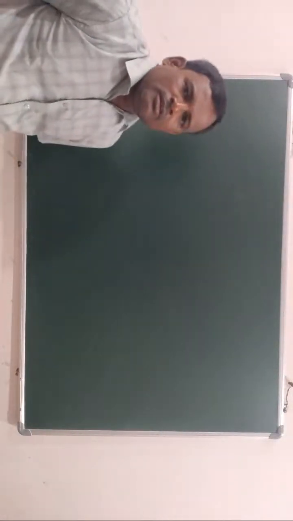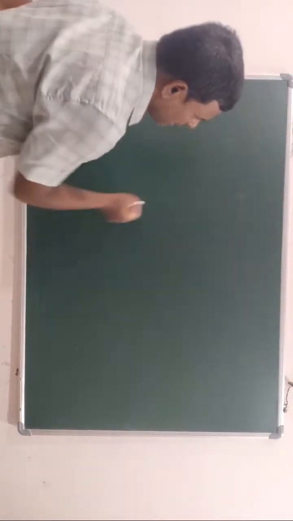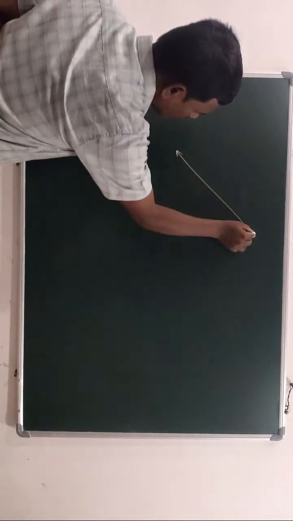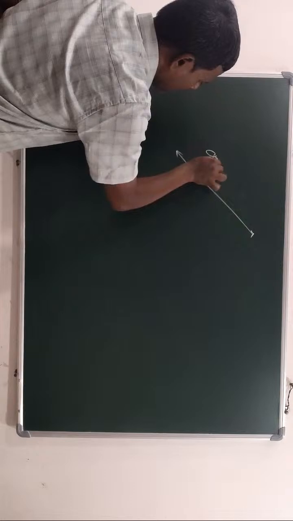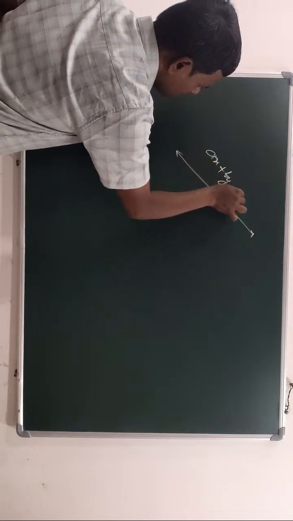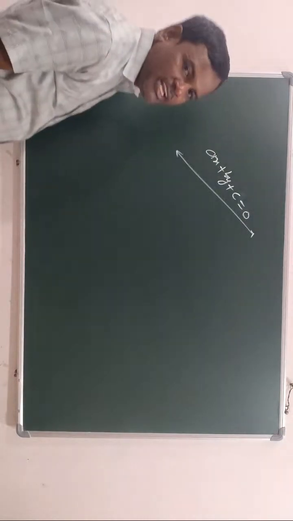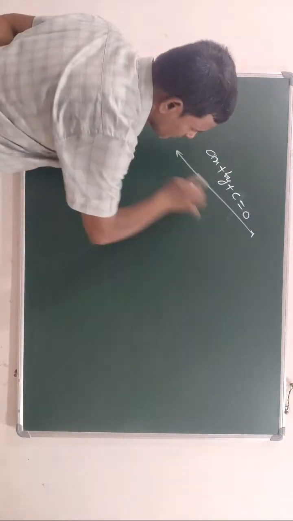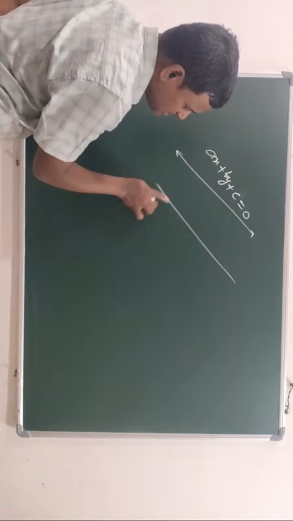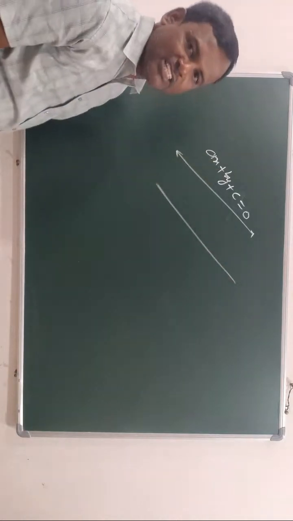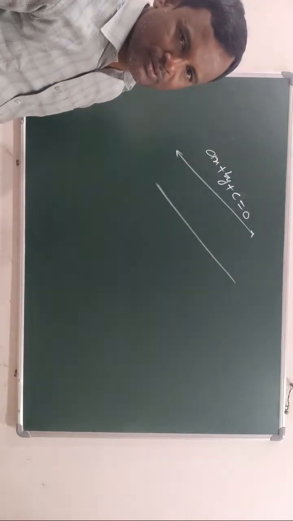See, next students, one line equation is given like this. ax plus by plus c equal to 0. Now I am asking you to find equation of the line which is parallel to the given line. Means I want this line equation. This is given to you as ax plus by plus c equal to 0.